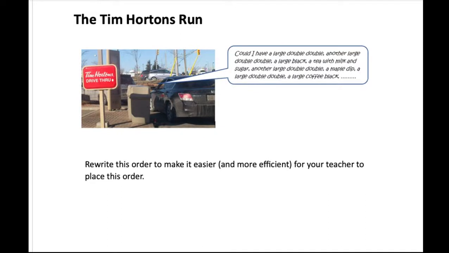Right? One thing that you could do to make it easier is we have a lot of items that are the same. You see you have a large double here, another one here, another one here, and here. So I have 3 large double doubles.